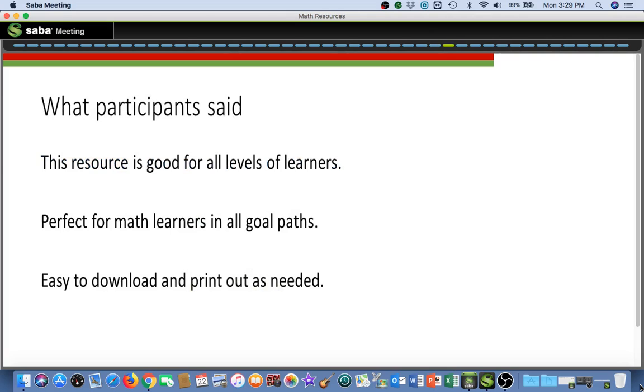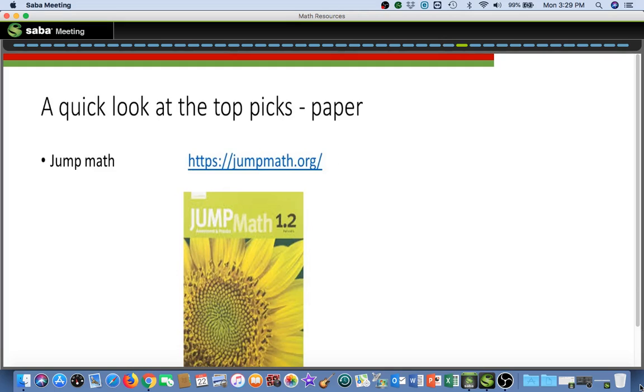Great for all levels, great for math learners on different goal paths, and easy to download and print out as needed. Well, Joanne, you can use this if you ever need to evaluate that particular page. That's great to hear. Next top pick is Jump Math.